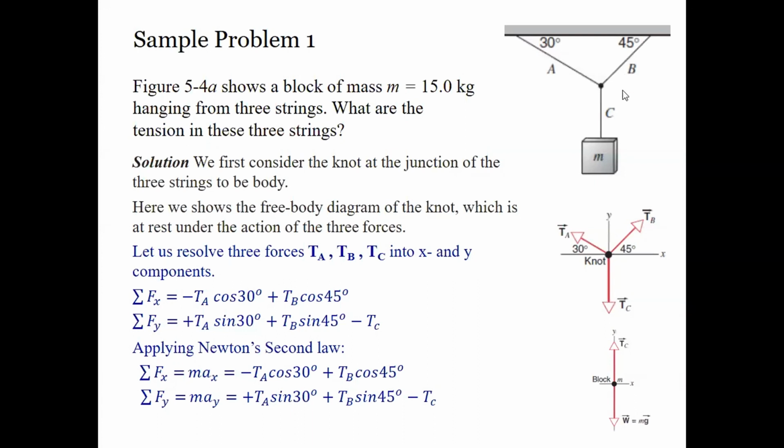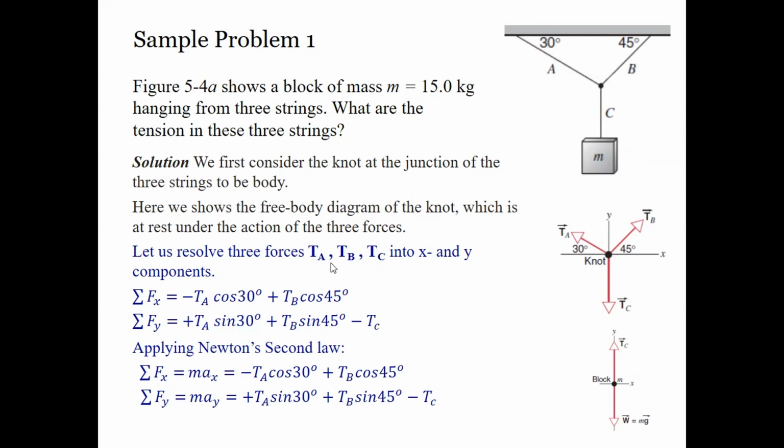We have these three tensions. If we look at the knot, away from the knot is the tension TB, away from this knot along the A string is the TA, and similarly away from this knot in the direction downward is the tension TC.